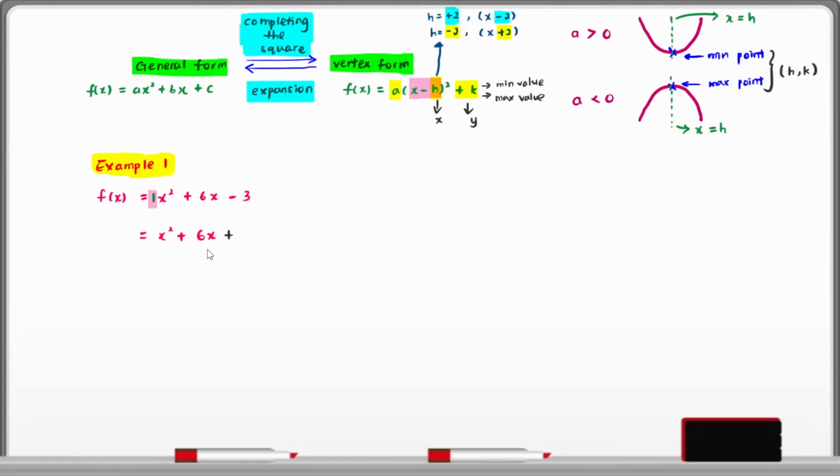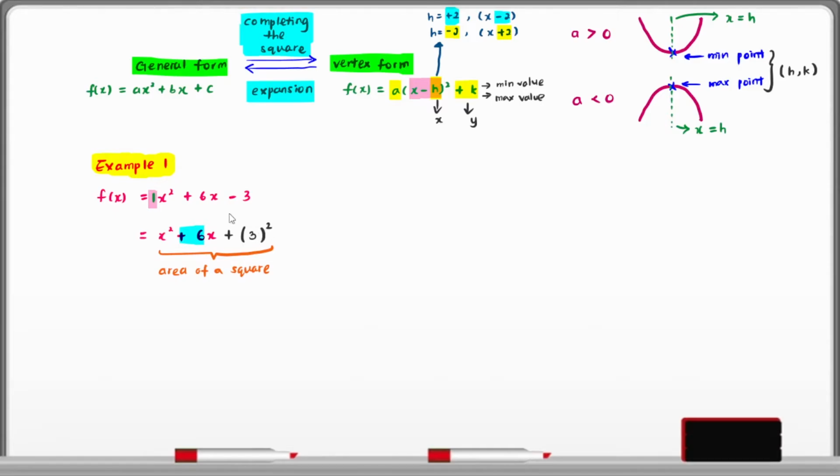To do that, we take b, in this case positive 6, and divide it by 2. So it will be 6 divided by 2, then we square it. By doing so, this part now is a perfect square. 6 divided by 2 is equal to 3, so I'm just going to write 3 here.